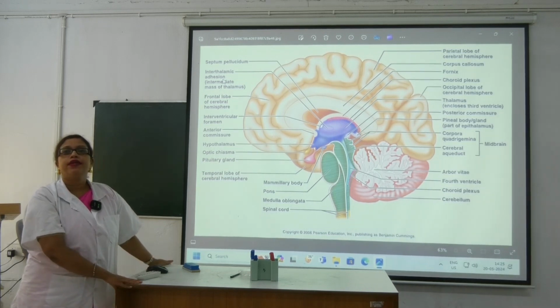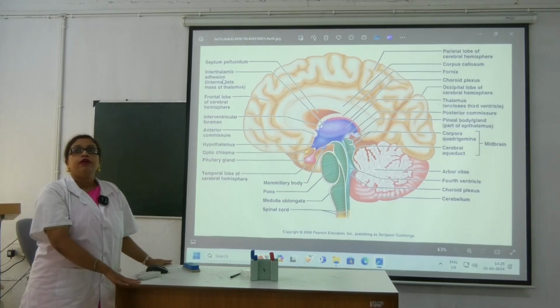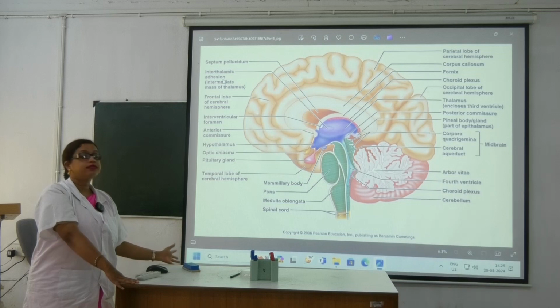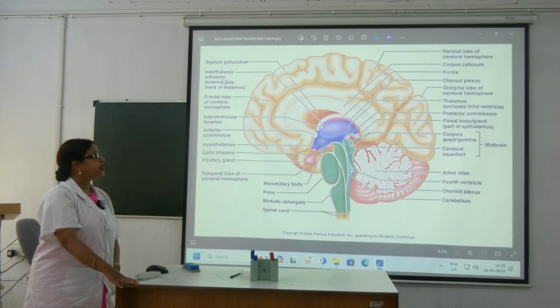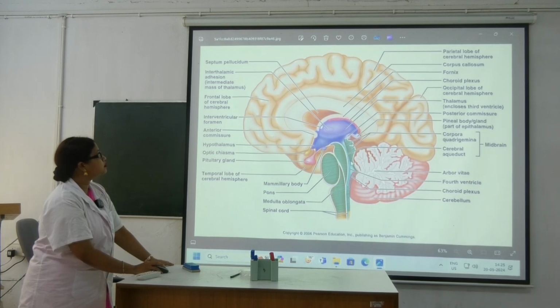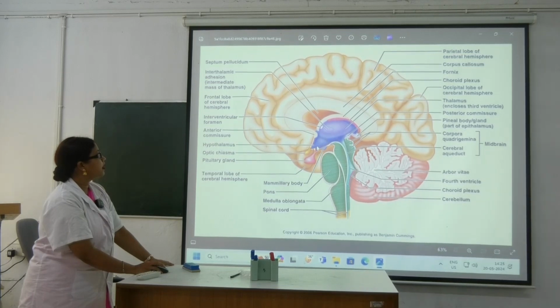Then rather than that, you will also get the derivative of diencephalon, the thalamus. Just now I said diencephalon is thalamus. Then the metathalamus. What is this? Tell me. This is the thalamus. So which is the hypothalamus? This is the hypothalamus. এই পার্টটা দেখ hypothalamus দেখাচ্ছে, right?